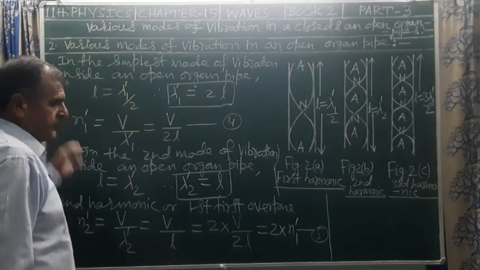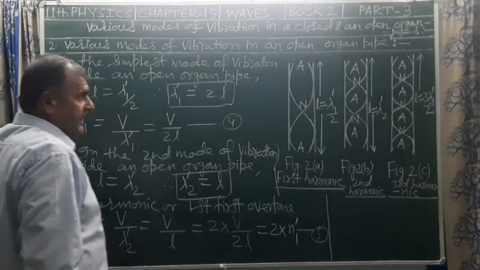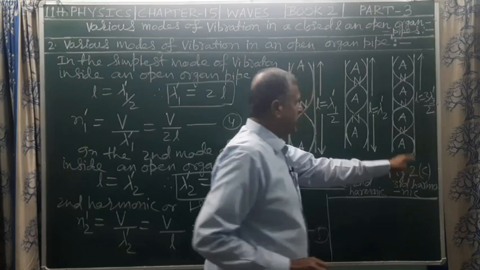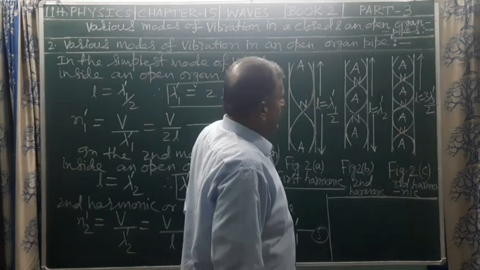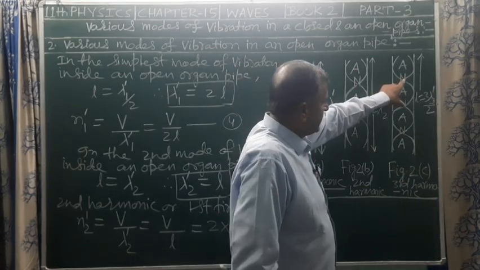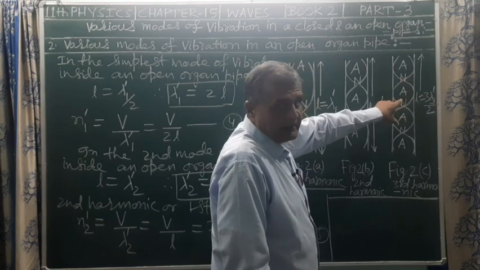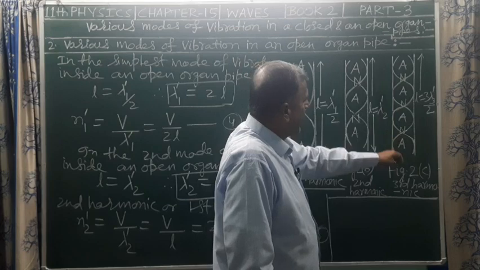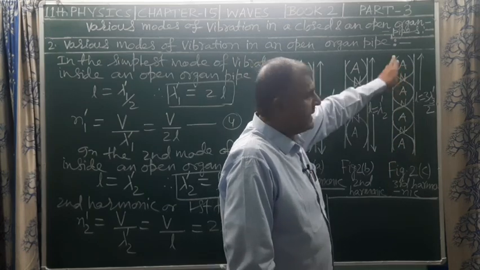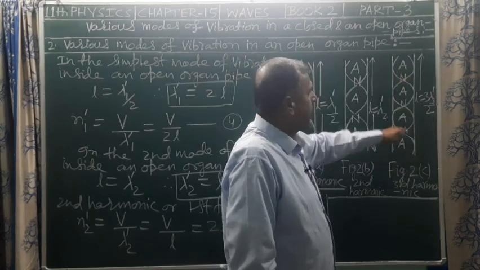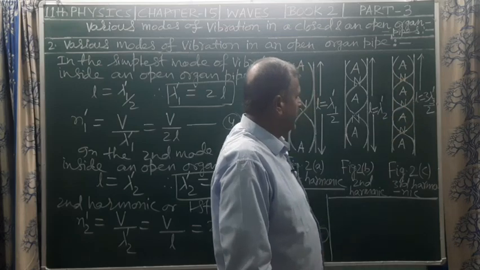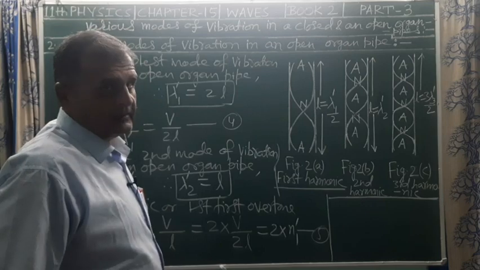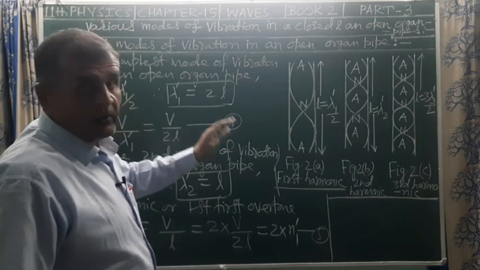Now, in the third mode of vibration inside an open organ pipe, which is shown in figure 2C, there are 3 nodes formed inside the open organ pipe, while 4 antinodes are formed. So 4 antinodes and 3 nodes are formed in the third mode of vibration in an open organ pipe.